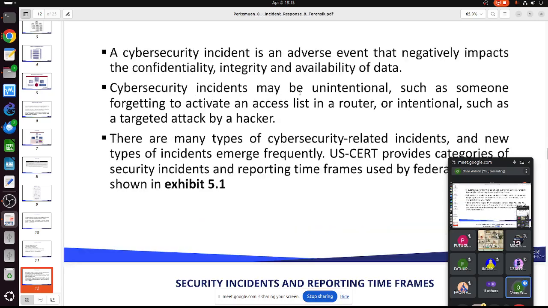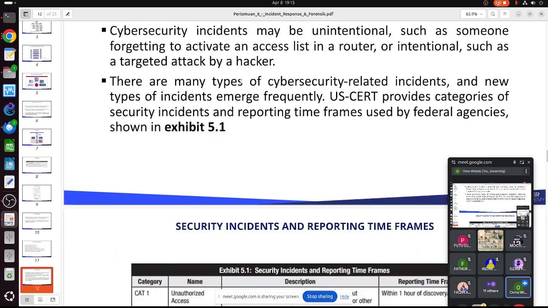A cybersecurity incident may be unintentional, maybe if someone forgets to activate the access list of the router, or intentional because of a targeted attack by a hacker. Okay, there are many types of security related incidents. New types of incidents emerge frequently.